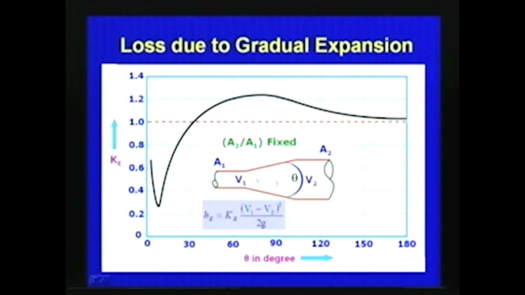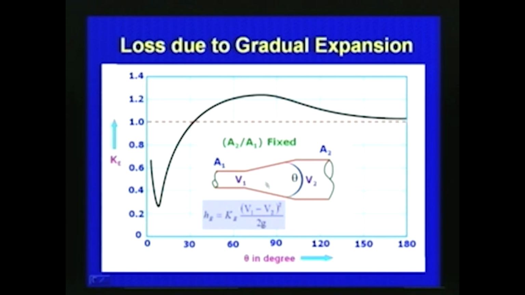Depending upon how much the angle is, the loss coefficient initially comes lower, starting from about 0.7 it goes down, and then when the angle increases it is again increasing, and finally it becomes constant. This is obtained through a large number of experiments. This gives the loss coefficient K with respect to the angle theta.